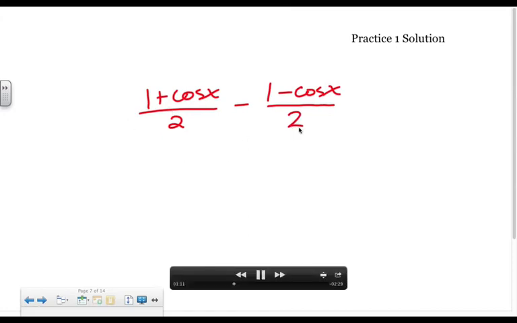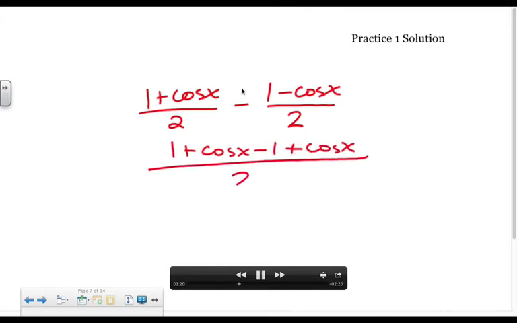Again, these are using rules that I already know. Then I can combine them because these have the same denominator. So 1 plus cosine x minus 1 plus cosine x, because this is a negative and a negative, over 2 gives me 2 cosine x over 2, which reduces to cosine x.